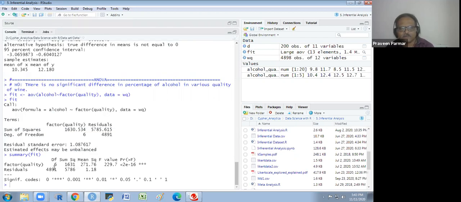For the factor quality, the degree of freedom is 6, because we have 7 qualities in the wine: 3, 4, 5, 6, 7, 8, 9.